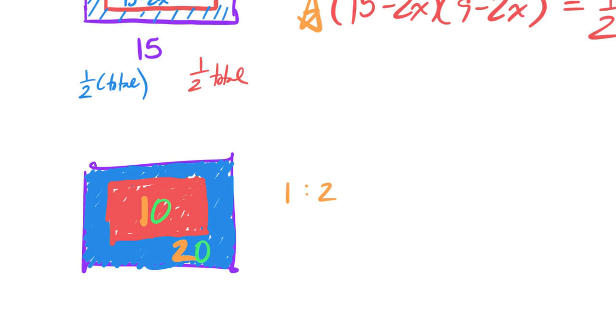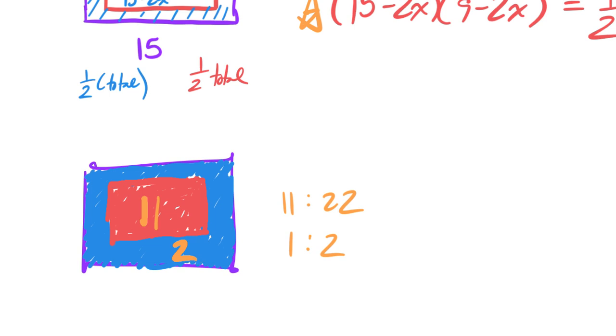If I went backwards and said, okay, let me get rid of that ratio, what if my red area was, let's pick 11. Then the blue strip's area would have to be double that. And if I look at that ratio, notice divide both of those by 11, I'm back to 1 to 2.